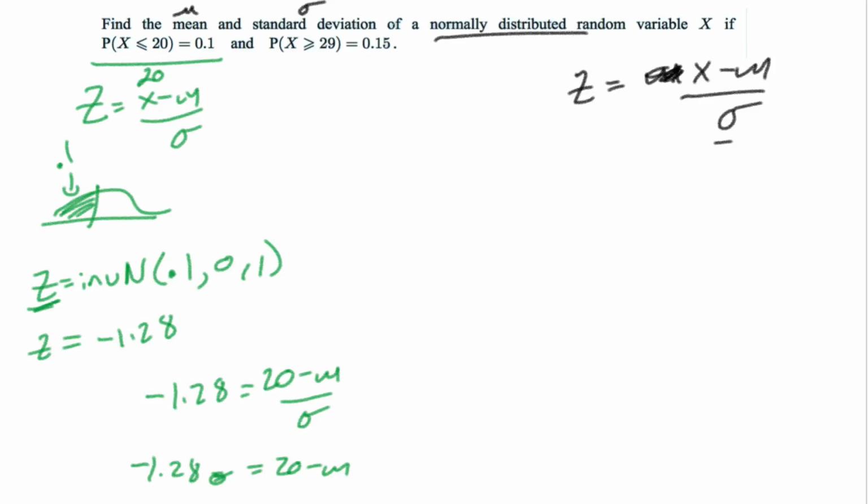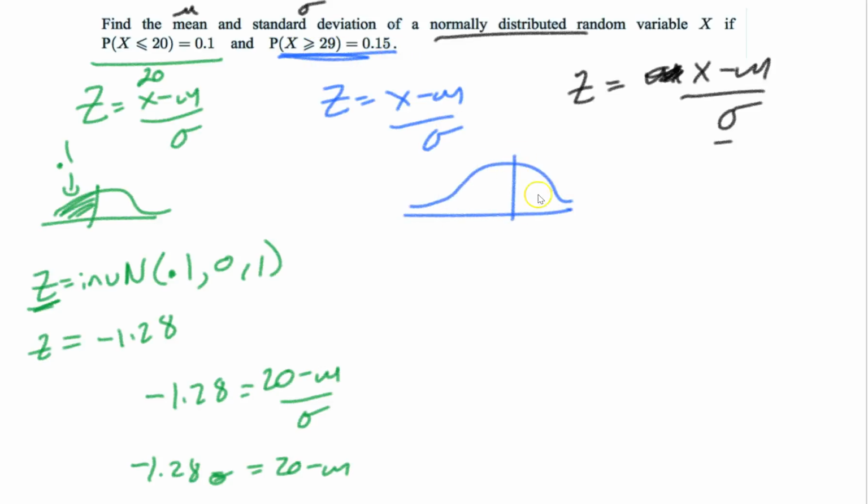Now we gotta do the next one. We gotta do this one. Same idea, same formula. But in this case, they're telling me when I'm greater than 29, I'm at 0.15. So if I do this, greater than 29 is 0.15. So when I do my invert normal to find my z, remember I cannot use 0.15.